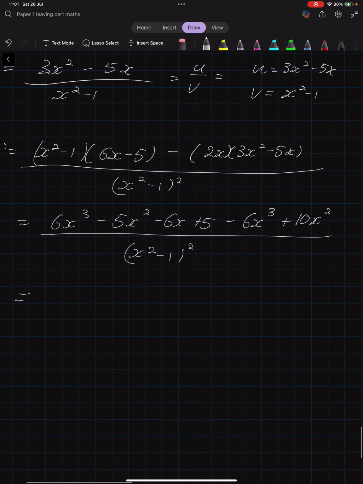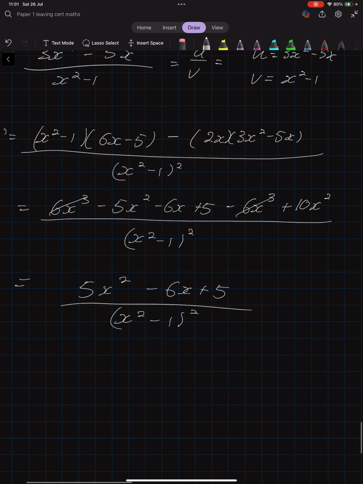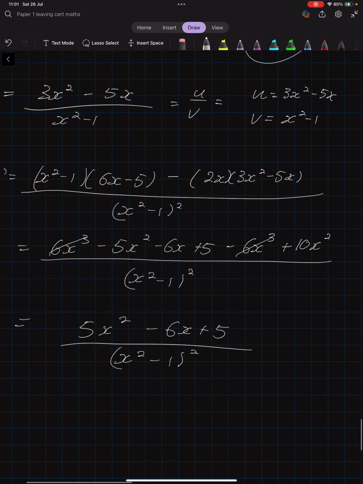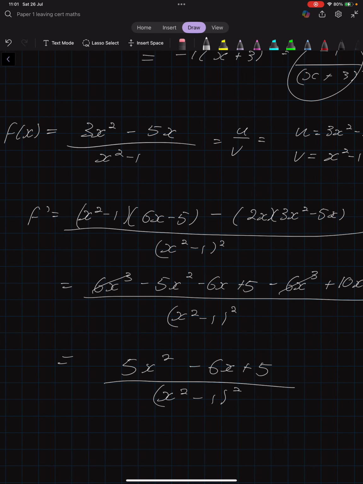So the 6x cubed and the minus 6x cubed cancel. 10x squared minus 5x squared is just 5x squared minus 6x plus 5, all over x squared minus 1 squared. Okay? Alright. So that's that, basically.